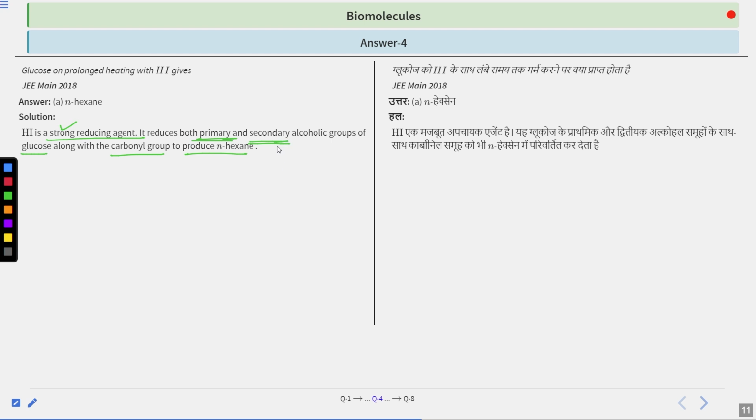So in our glucose, both primary and secondary alcohol groups are present. HI is a strong reducing agent which can reduce both primary and secondary alcohols. Along with that, it can also reduce the carbonyl part, that means the C double bond O part of the glucose, to give us n-hexane.